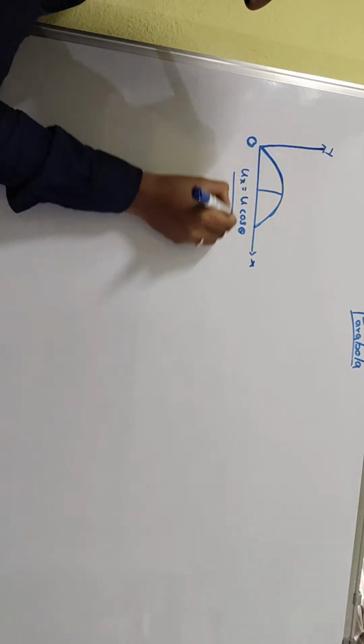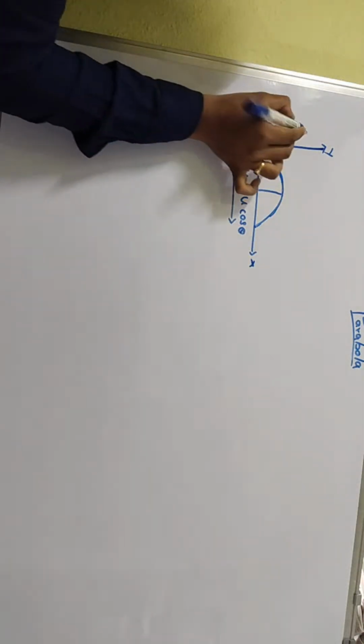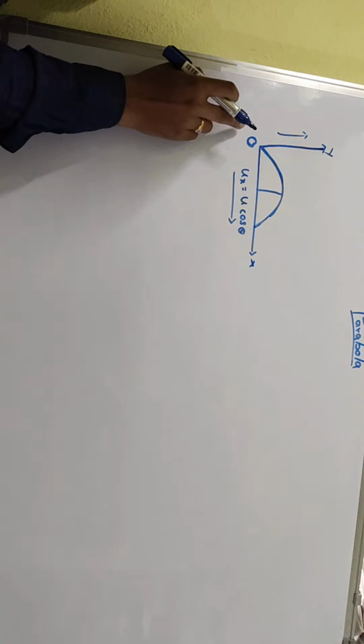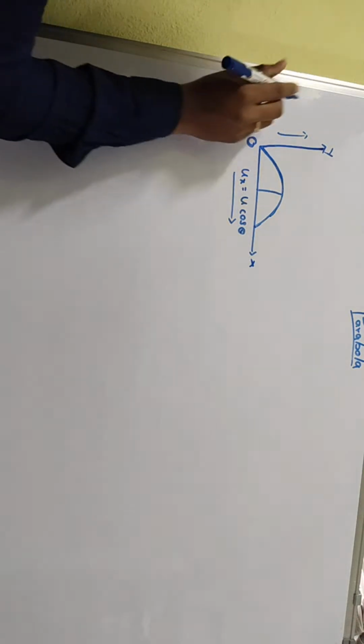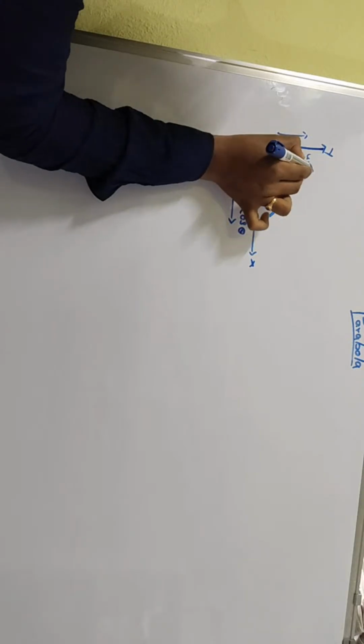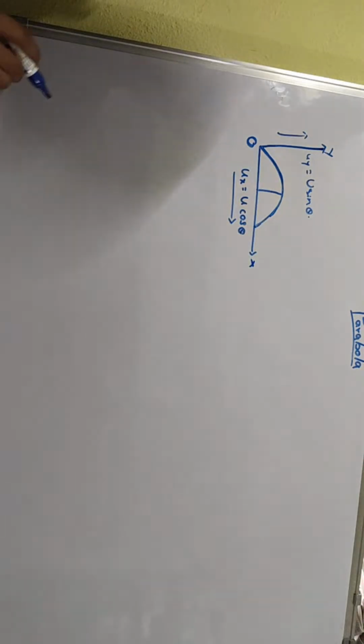In the vertical direction, the velocity is uy equals u sin theta, and these are the properties.